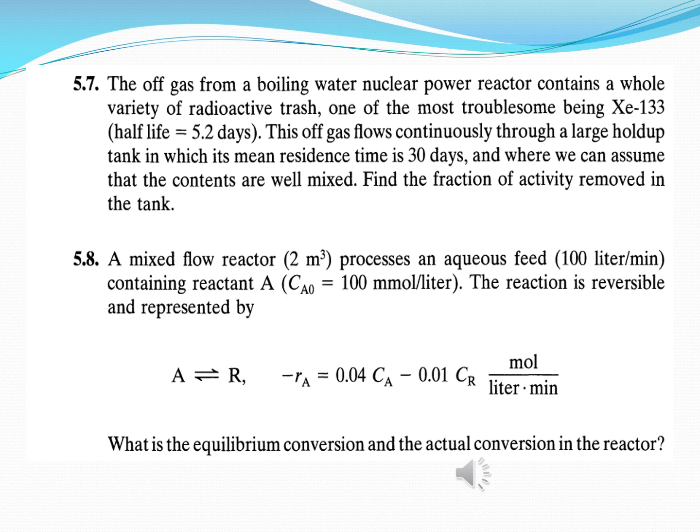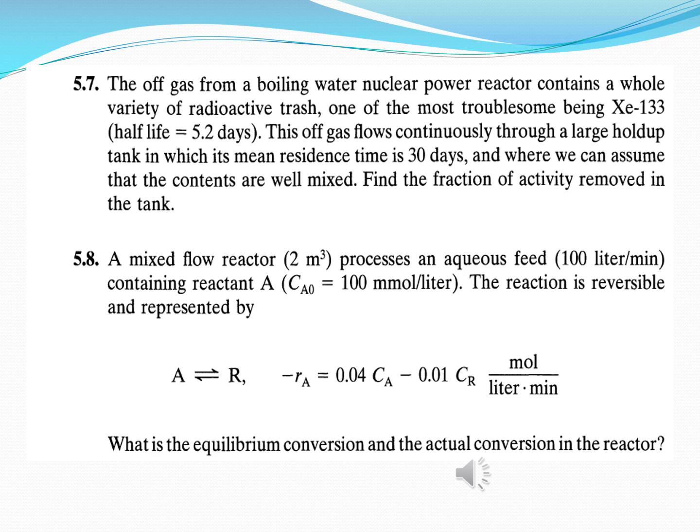And for the next problem, problem 5.8, the statement says that a mixed flow reactor of 2 meter cube, that's the volume given, processes an aqueous feed of 100 liters per minute, that's the volumetric flow rate, containing reactant A, CA0 gives you the concentration, 100 millimoles per liter.